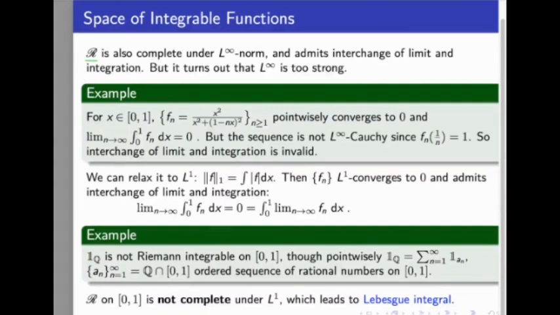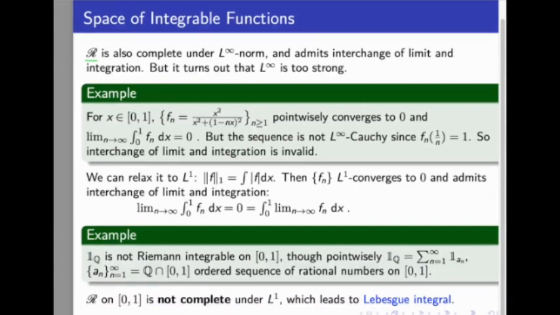So we can interchange limit and integral under pointwise convergence. But f_n is not L infinity convergent, since there's a point for each f_n with value 1. Thus, there's no limit in R for f_n, and the interchange of L infinity limit and integral is invalid.